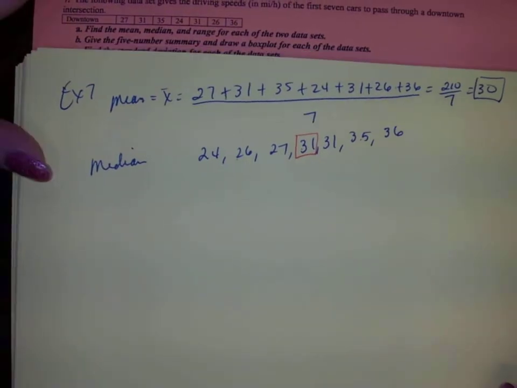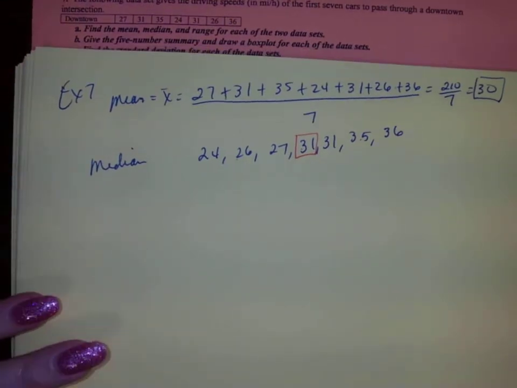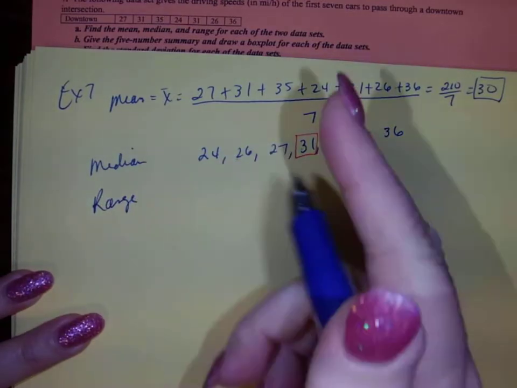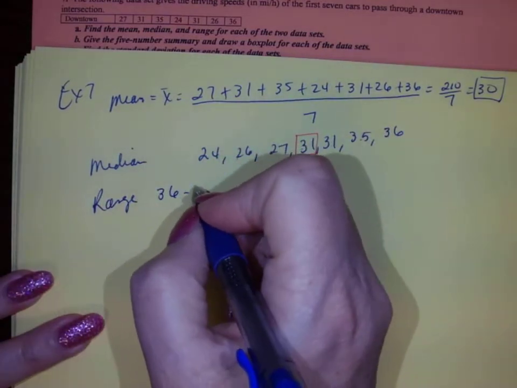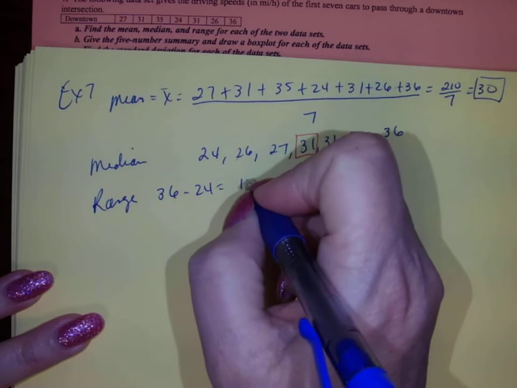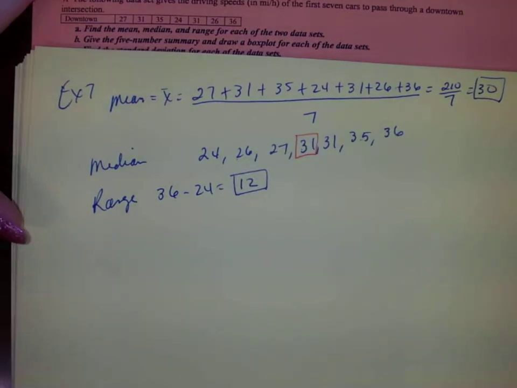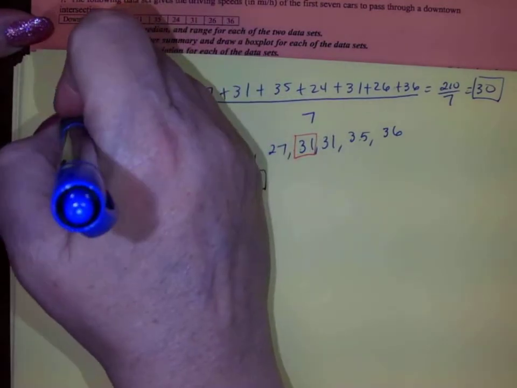And then I also needed to find the range. So the range will be my highest number minus my lowest number, which will get us 12. Okay, so that's part A.